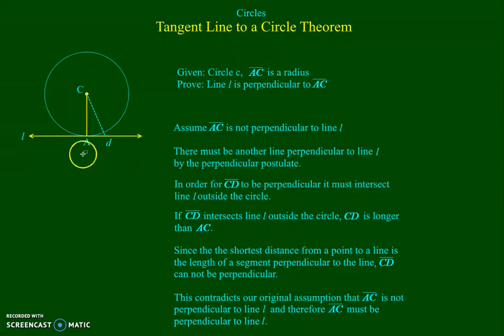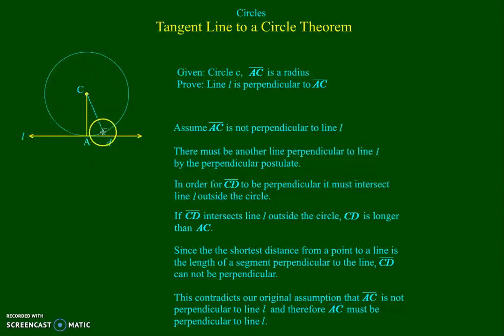The salient point to take away here is if you have a line tangent to a circle, then that line is perpendicular to a radius at that point of tangency. And if a radius is perpendicular to a line, then that line is a tangent to the circle.